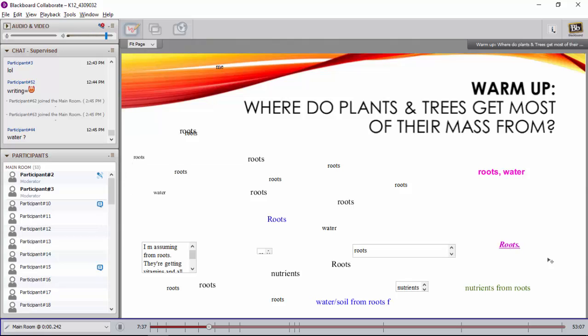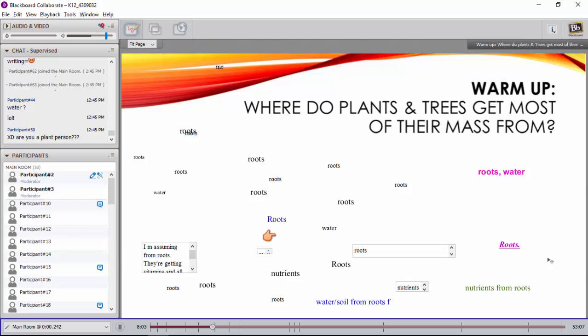No more writing, sorry. So I see a lot of similar answers, which is okay. So somebody said me. They get their mass from me. Interesting. We'll have to explain how that is the case. All right. Lots and lots of people said roots, okay, from water. Vitamins and all that good stuff. Water and soil from nutrients, water, roots. Okay, so we got a lot of same answers.